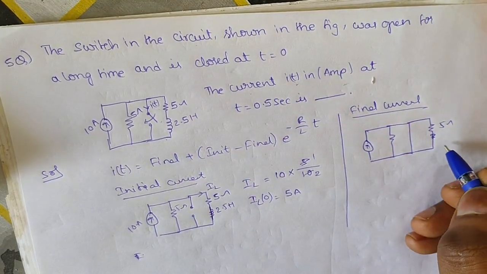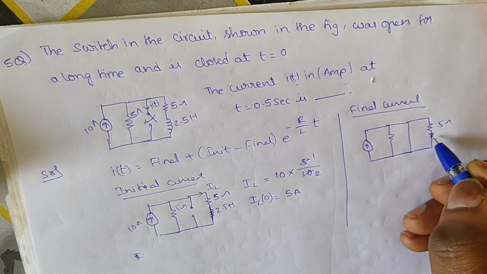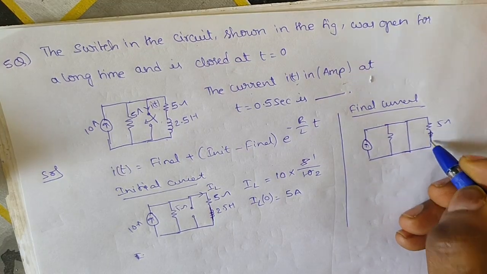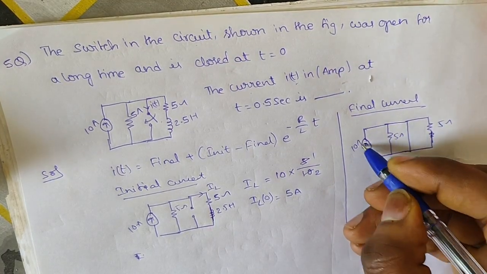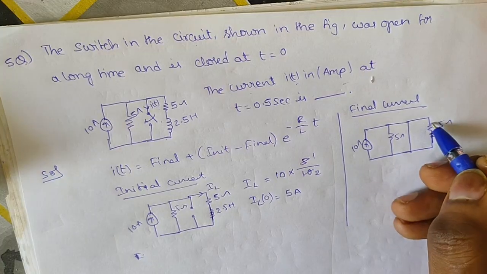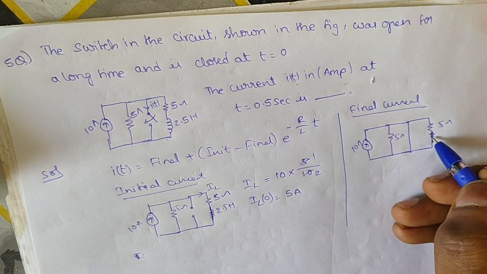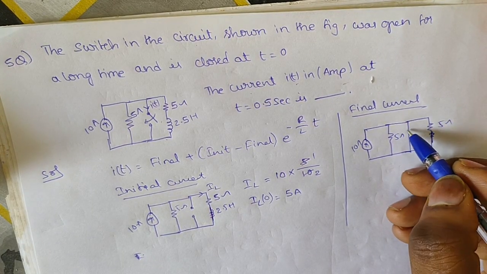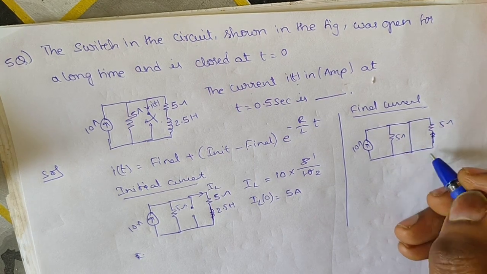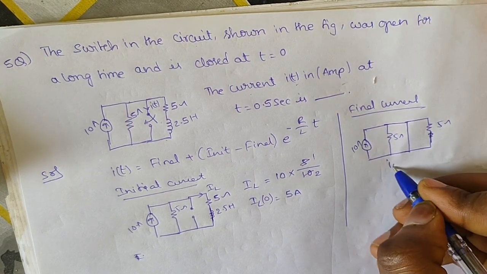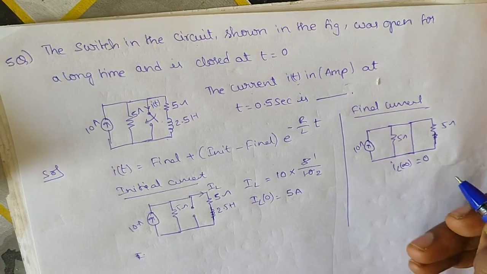At t tends to infinity, the inductor is short circuited, with the 5 ohms and 10 amps. As there is a short circuit path, the current will not flow in the parallel branch across the short circuited path. Then IL of infinity will be 0.